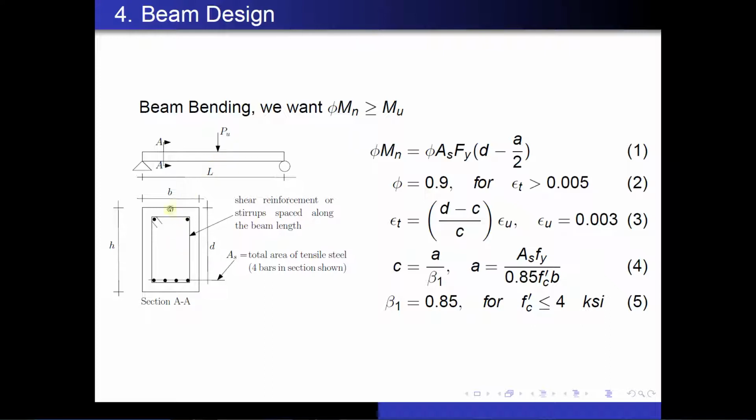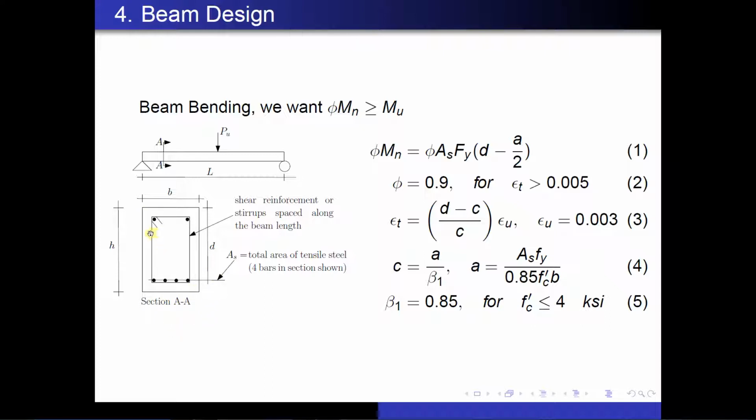Now, in this example, I've shown a simply supported beam and some sort of loading. Here I have a point load, but it could be anything. I also have shown here section AA. This section is showing a generic cross-section of a beam.